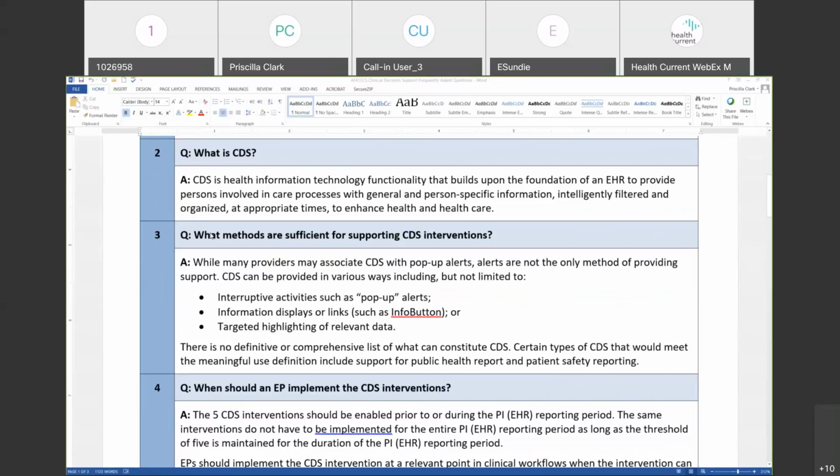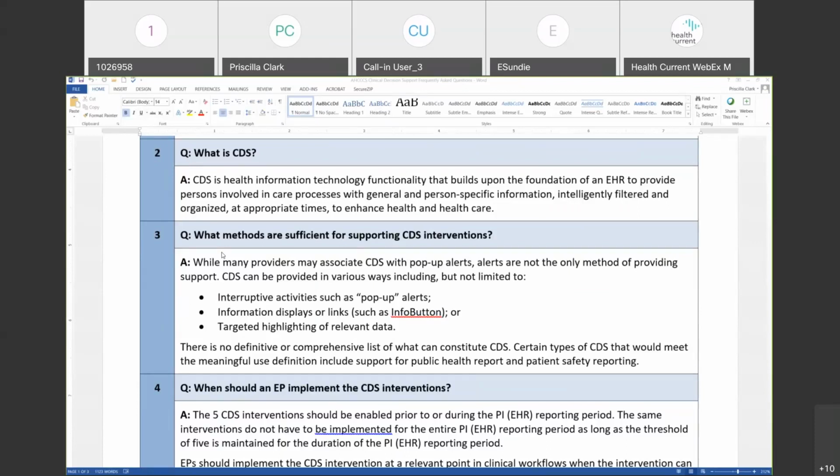So question 3, what methods are sufficient for supporting CDS intervention? The answer is that while many providers may associate CDS with pop-up alerts, alerts are not the only method of providing support. CDS can be provided in various ways, including but not limited to interruptive activities such as pop-up alerts, information displays or links such as the info button, or targeted highlighting of relevant data.